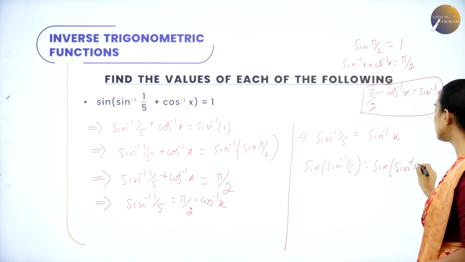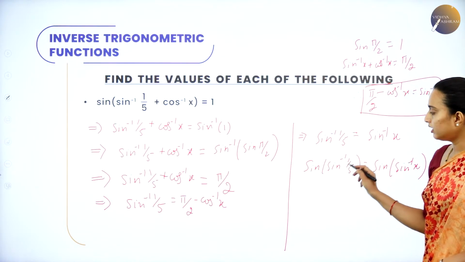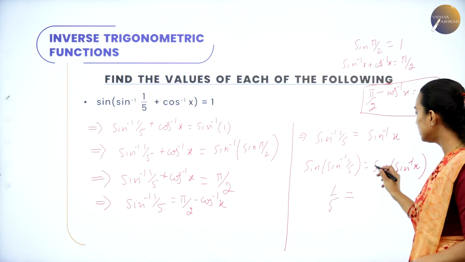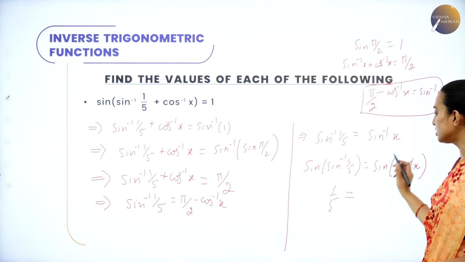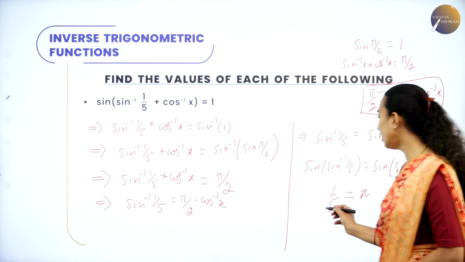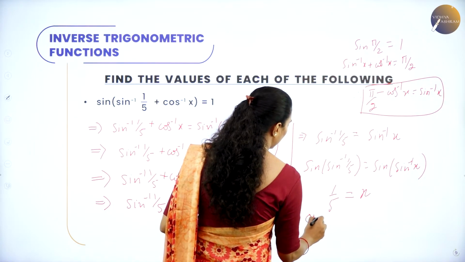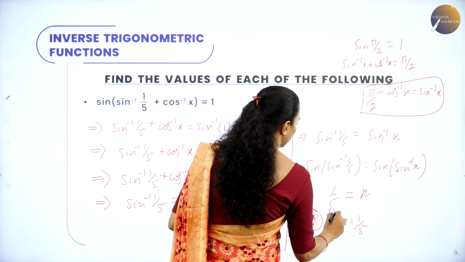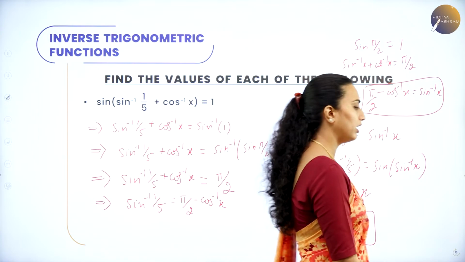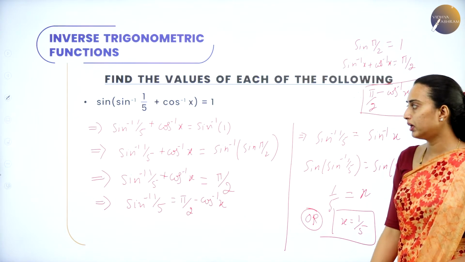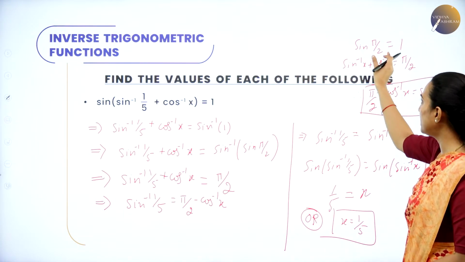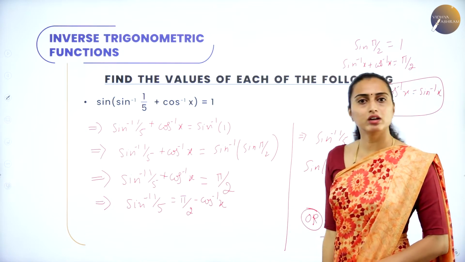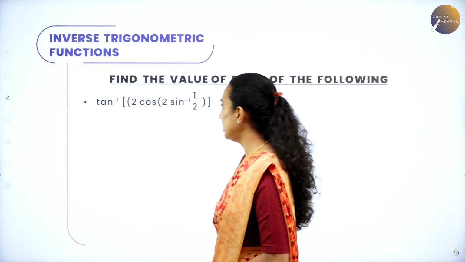You know already this is a property: sine of sine inverse x is x, so sine inverse will go. So x is nothing but 1 by 5. They have asked you to find the value of x. x is equal to 1 by 5. Here I used the property as well as the value of sine pi by 2. Got it? We'll be moving on to the next problem.